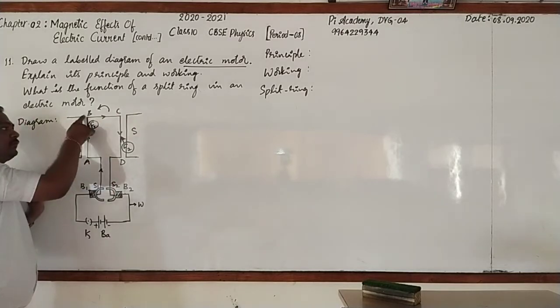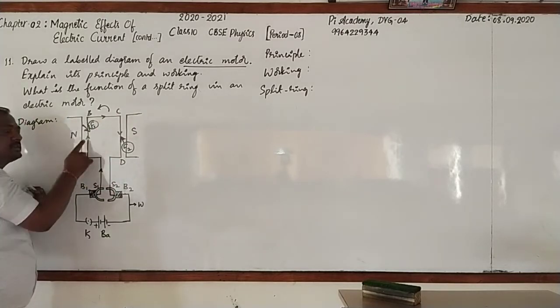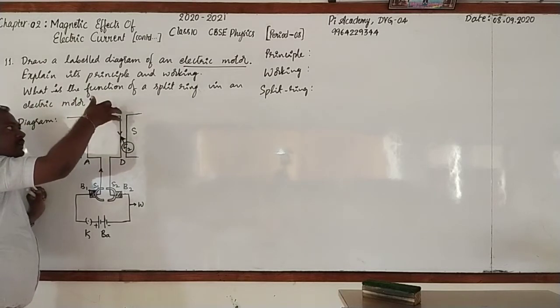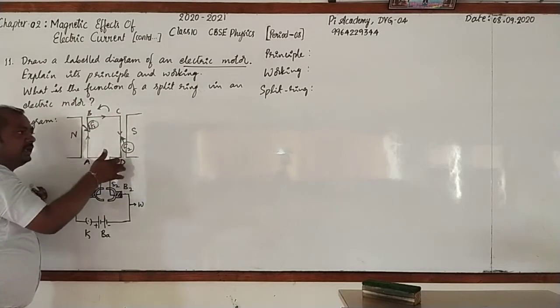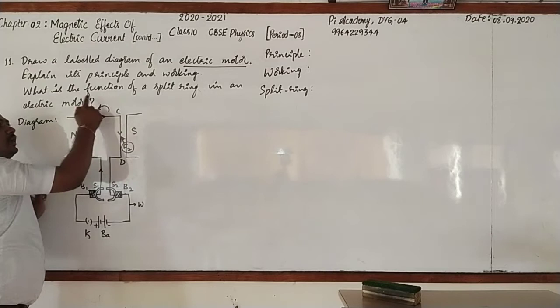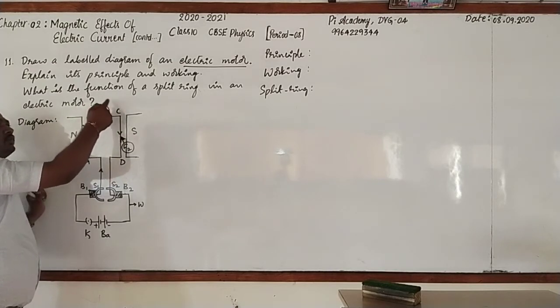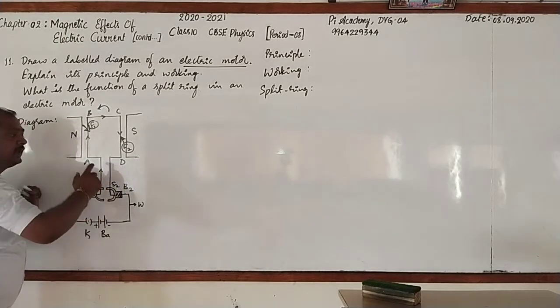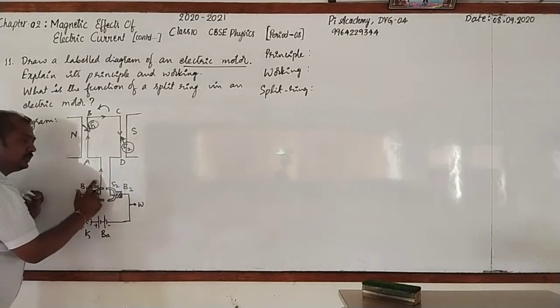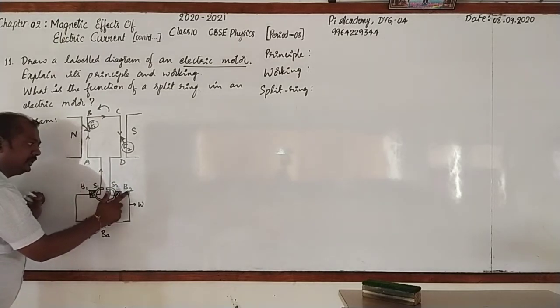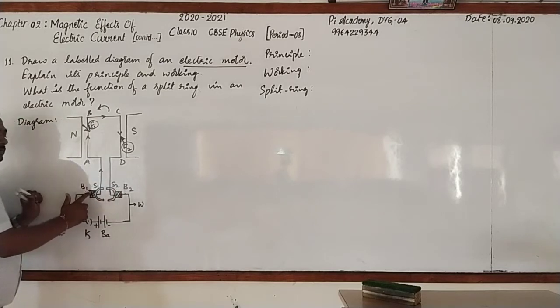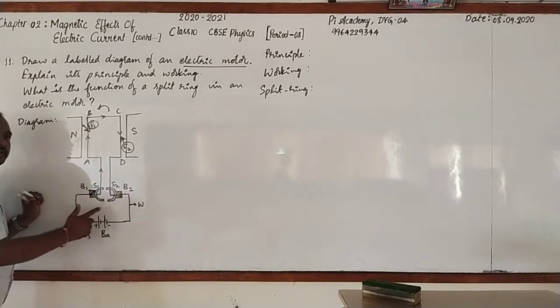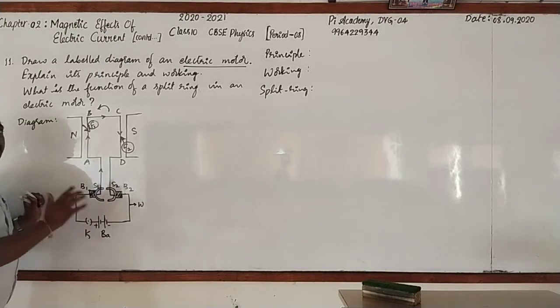Then mechanical force acts on the limb CD in the downward direction and BA in the upward direction. Again the coil continues to rotate in the anti-clockwise direction, and this time S2 comes in contact with B2 and S1 comes in contact with B1. Again the current in the external circuit flows to the negative terminal.